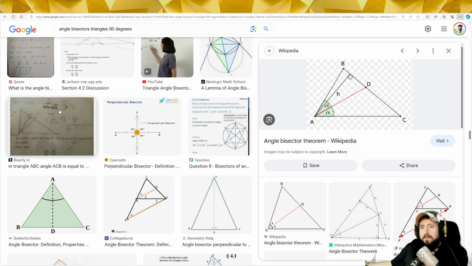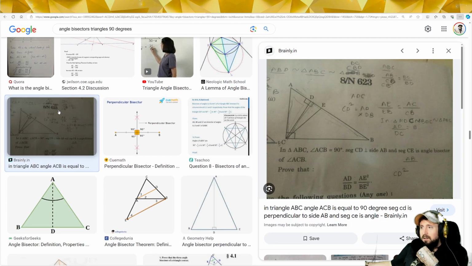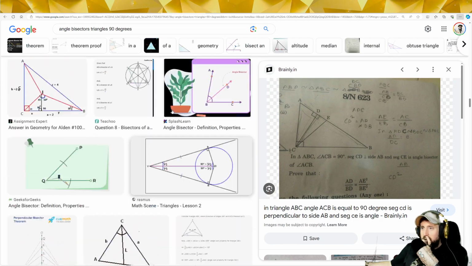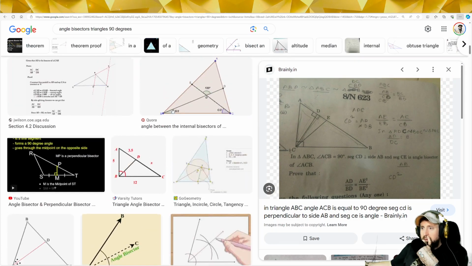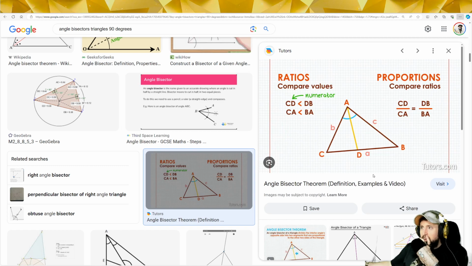How do I figure out it's 90 degrees? Oh, okay. Whoa. Wait a minute. This property holds. That's cool. Proportions.